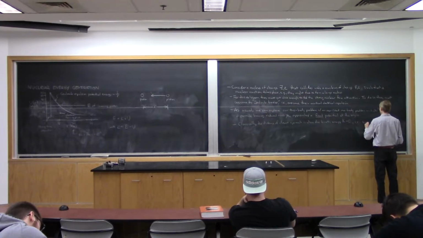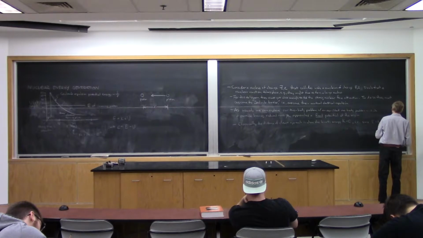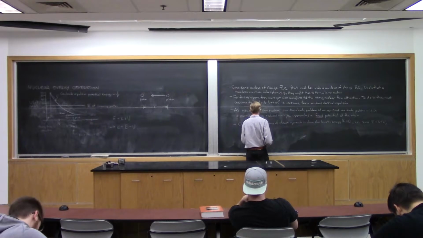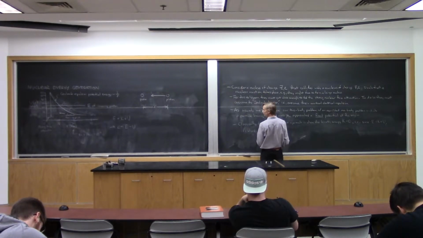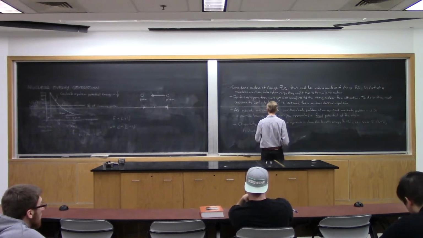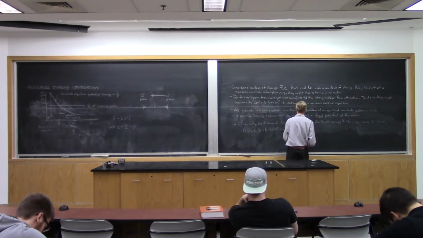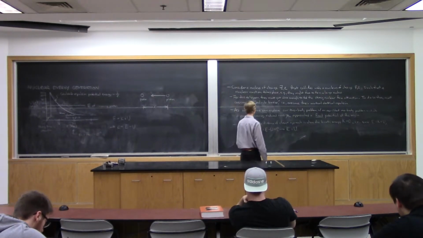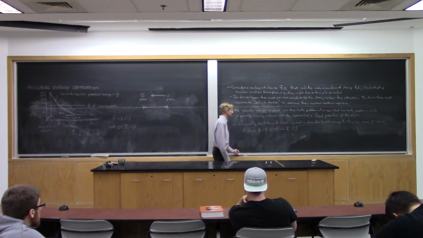Since E equals, as we said before, K plus U, it's where K equals E minus U equals 0. In other words, it's where E equals U, essentially, right? E equals U.